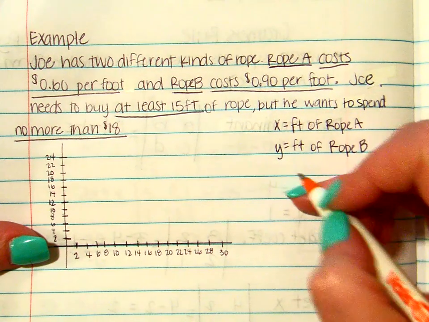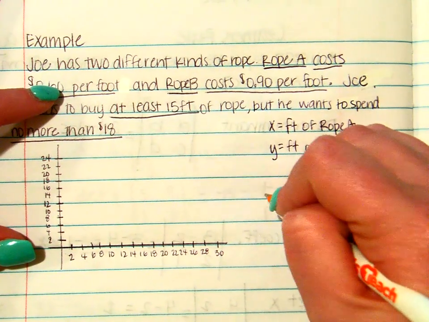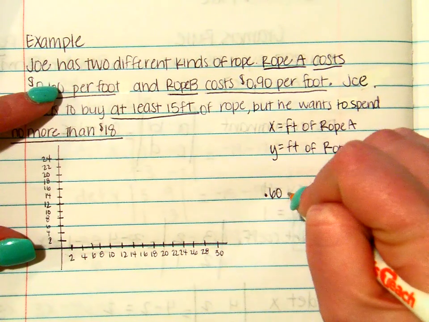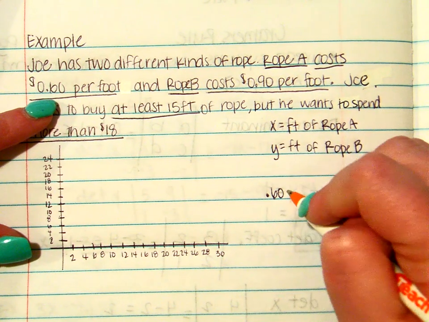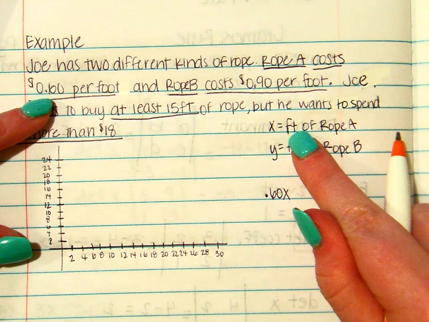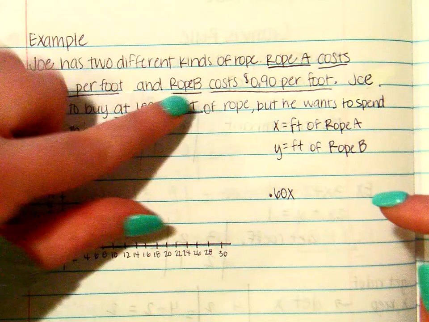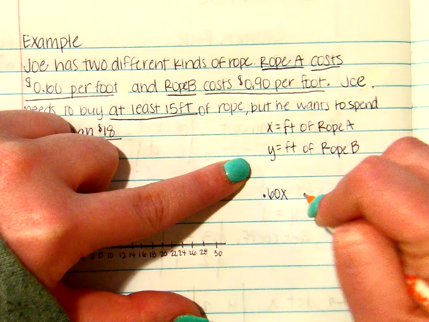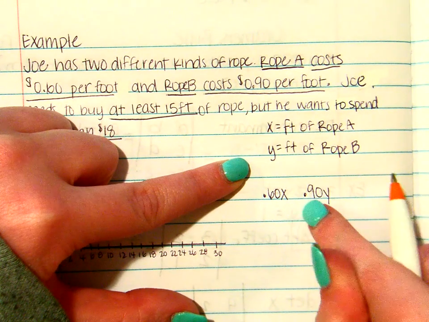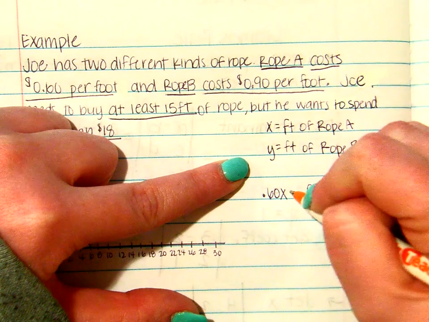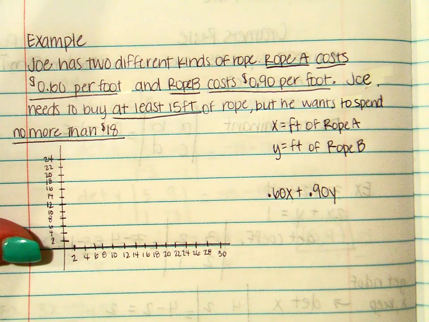If I want to figure out how much he spent on rope A, I'm going to do 0.60, because that's how much you spend on rope A, multiplied by the number of feet that he gets of rope A. Then I could take rope B, 90 cents, and multiply that by Y. That'll tell me how much he spends on rope B. Add those 2 together and your total amount would equal how much he spent on rope A and B.